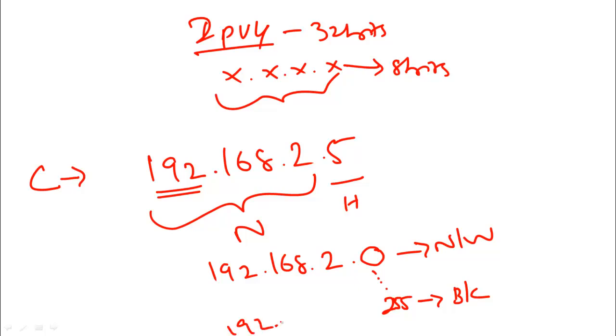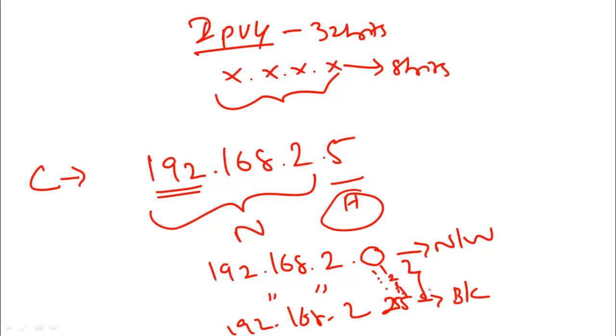All the IP addresses in between will have the same network address, and only the host value is going to change. It starts from 0, then 1, then 2, then 3, and goes on till 255. The 0th address is the network address, and the 255th address is the broadcast address, which is the last address.